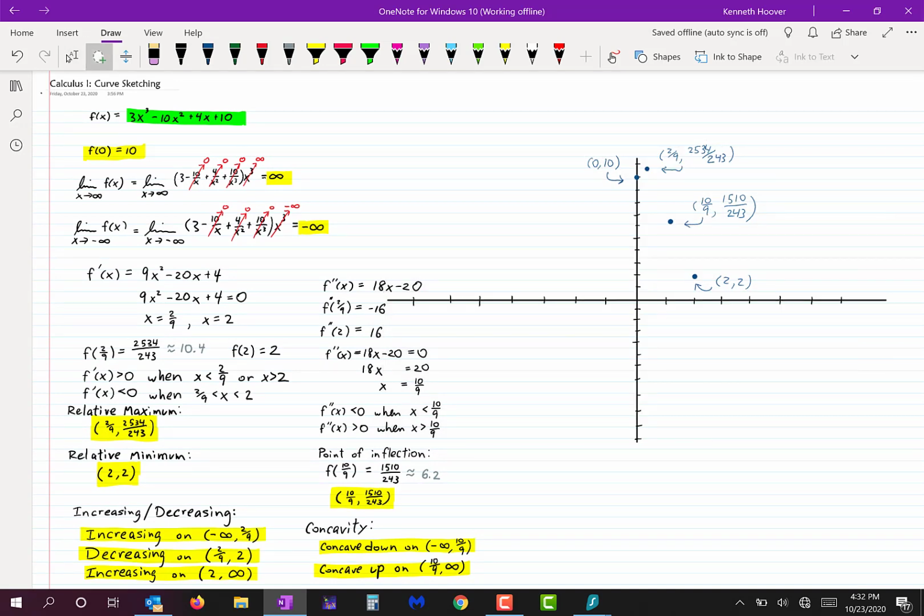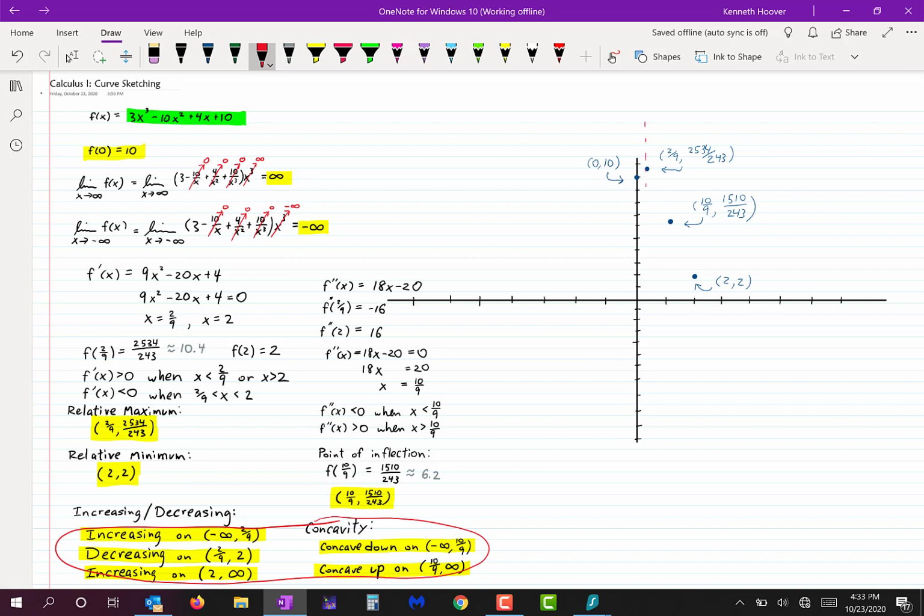Okay. So there's our y-intercept. There's our relative max, there's our relative min, there's our point of inflection, and now let's incorporate the increasing, decreasing, and the concavity. Where does the increasing, decreasing switch?